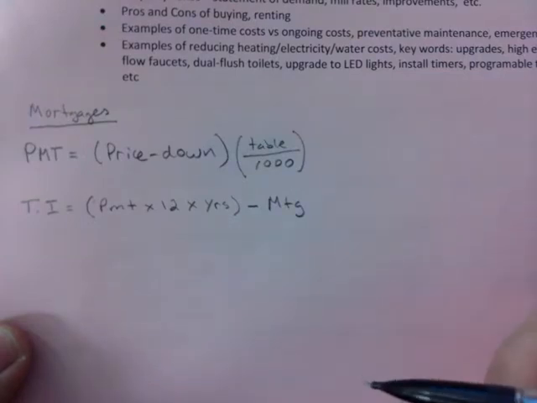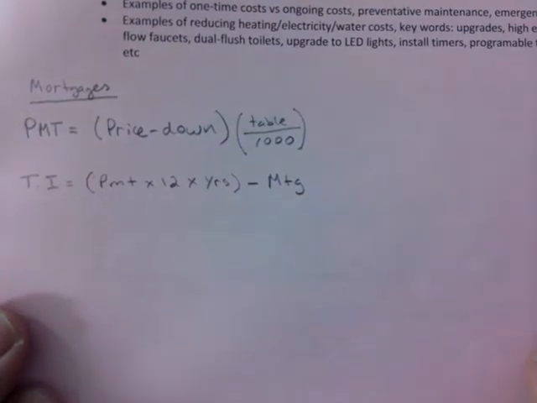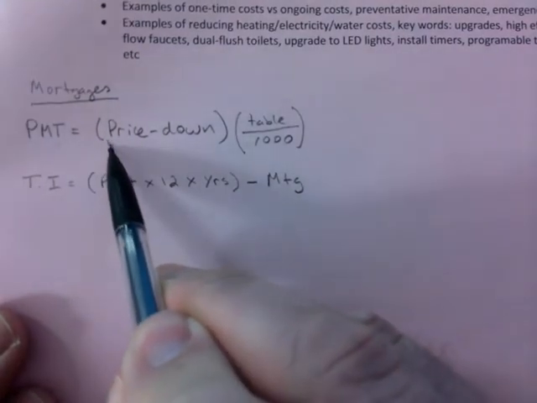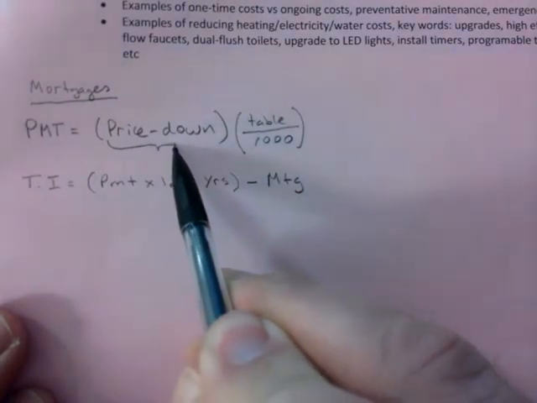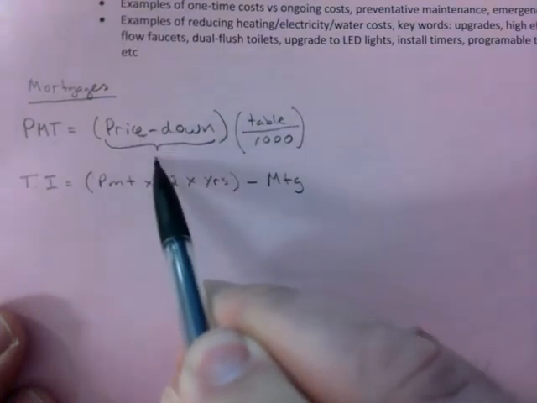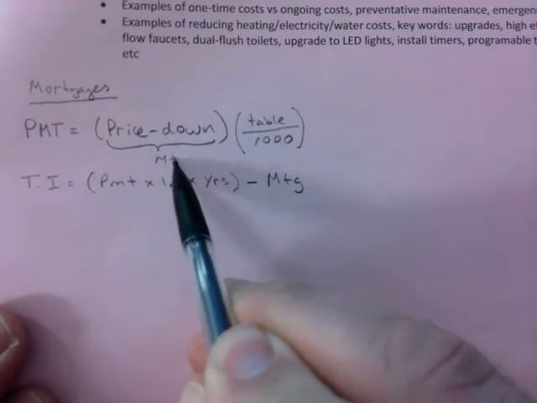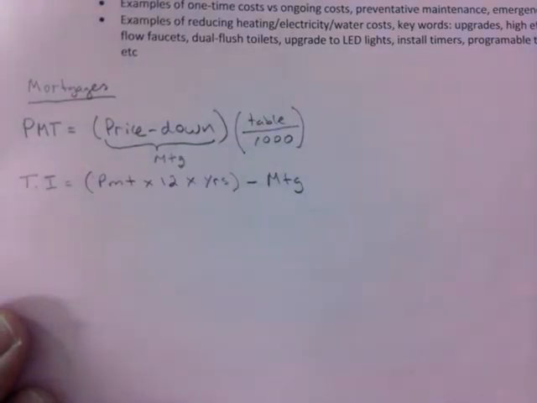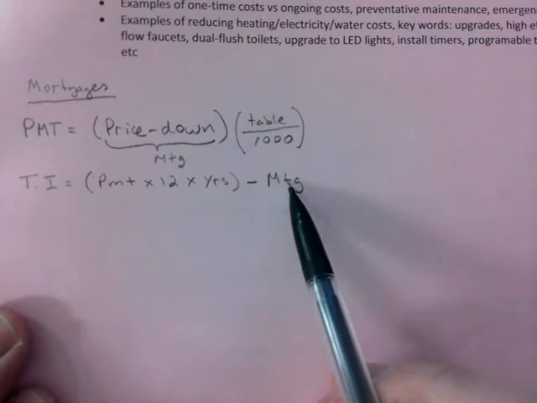And what is your mortgage, you may ask? This part right here, if you subtract that, that is what you need to take. The bank needs to provide the rest, so that's what we call our mortgage.